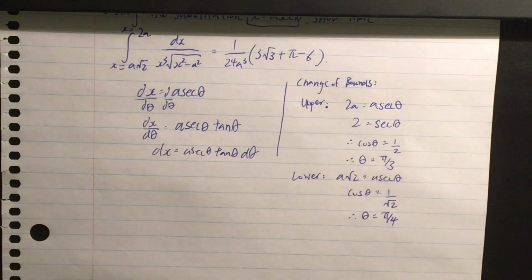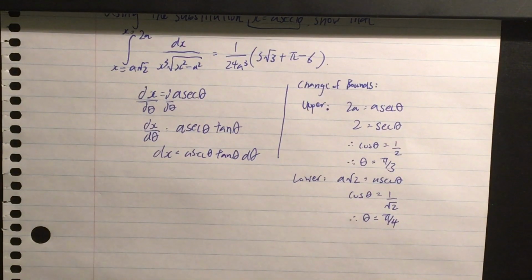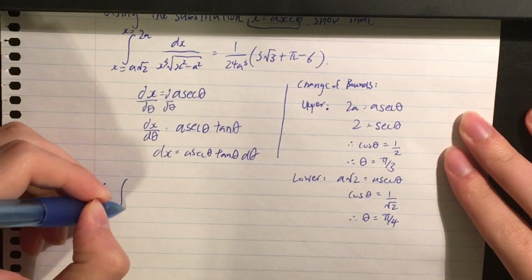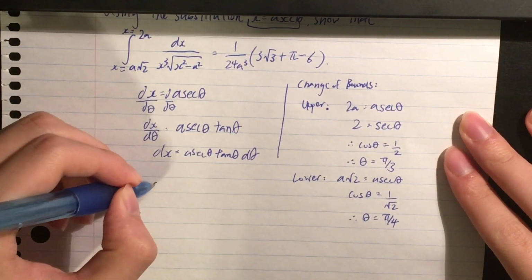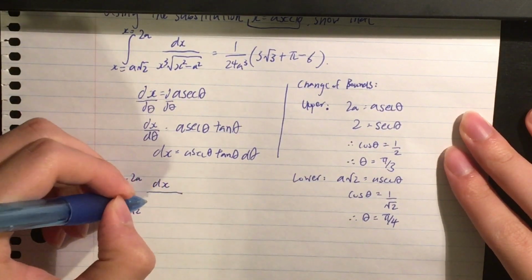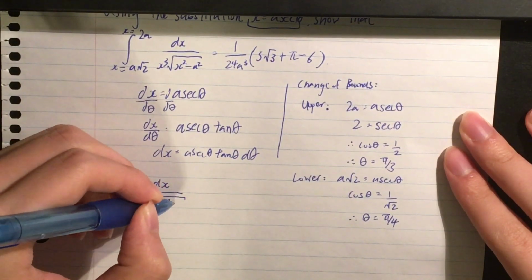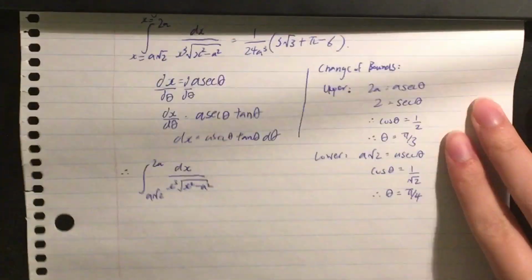So therefore, we can make all these substitutions and transform our original integral here. So the integral going from root 2 to 2a of x squared minus a squared, we make the substitution.